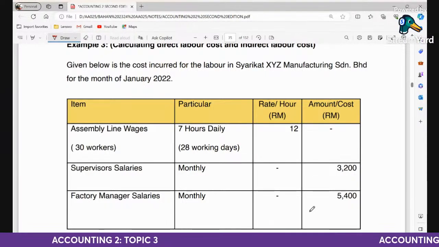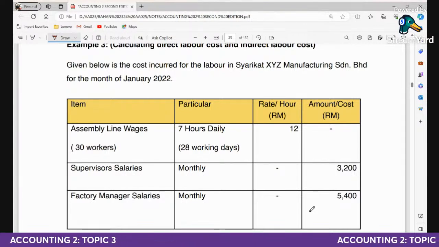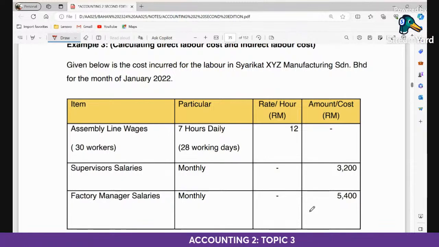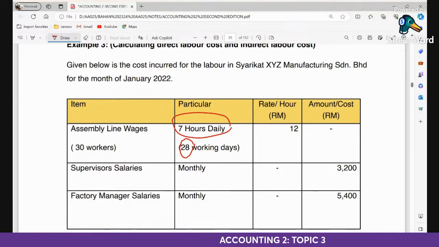So the particulars given untuk assembly line wages, kalau you tengok di sini, ada 30 orang bekerja. Mereka ni akan bekerja maksimum 7 jam sehari, dan dalam masa sebulan mereka layak bercuti. So working days mereka hanya setakat 28 hari sahaja.